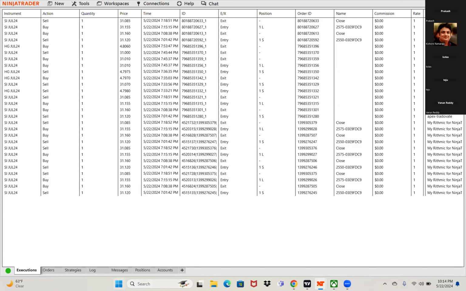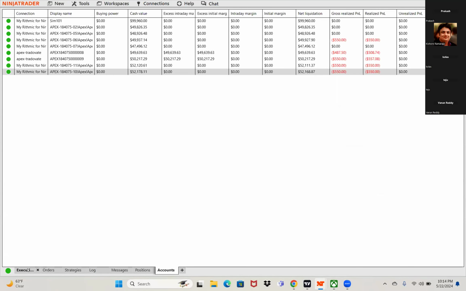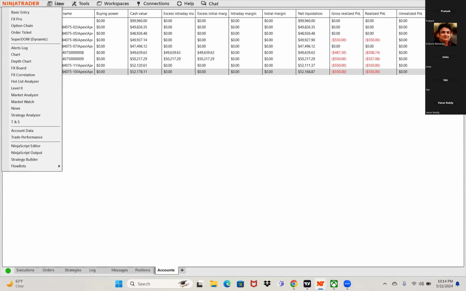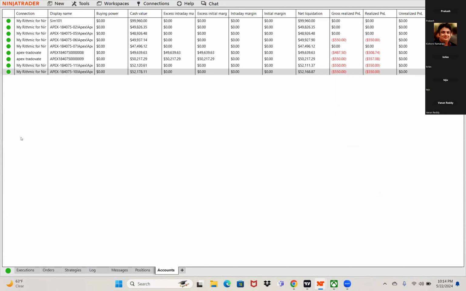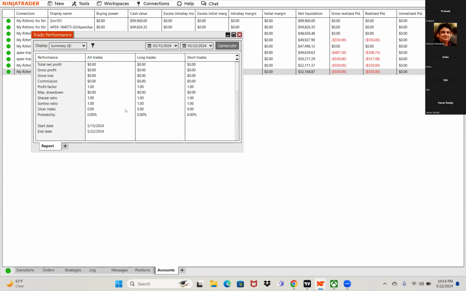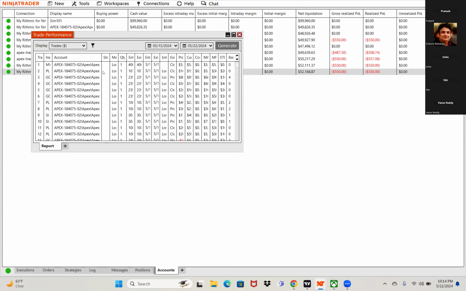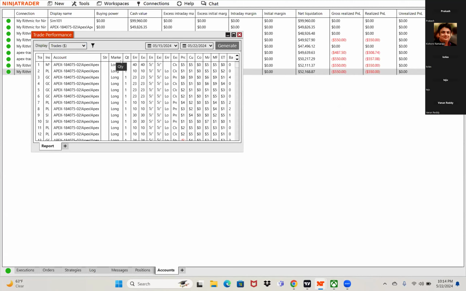Okay. So go to my Rhythmic, go to new, and go to trade performance. In the summary, go to trades. In the filter, you have the filter button after trades. Click on the filter.